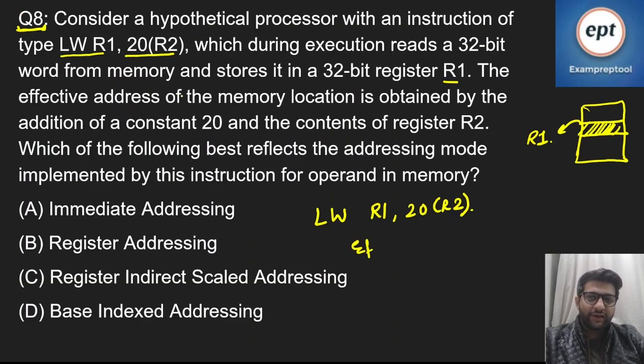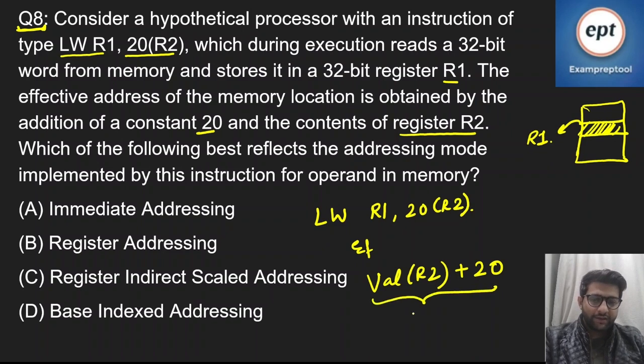It is saying that the effective address of the memory location is obtained by addition of a constant 20 to the contents of register R2. So the value stored at R2 plus 20 gives you the effective address.